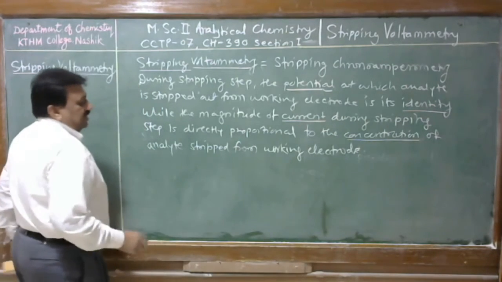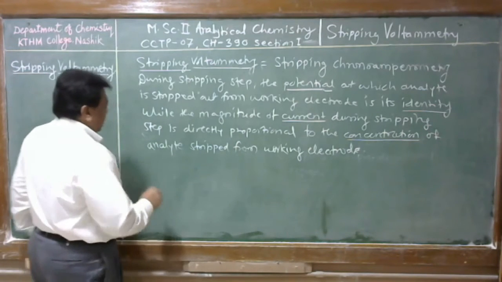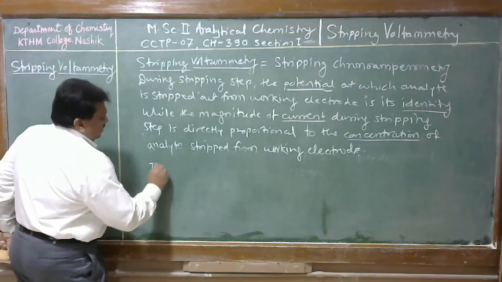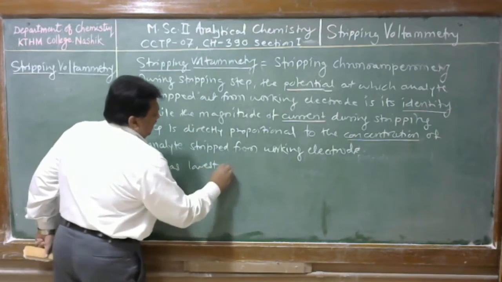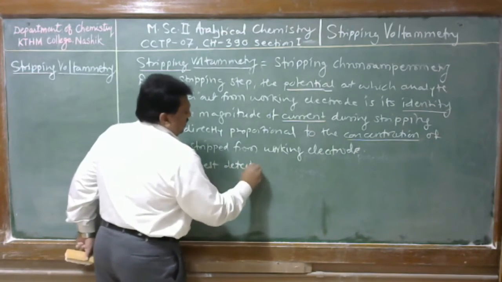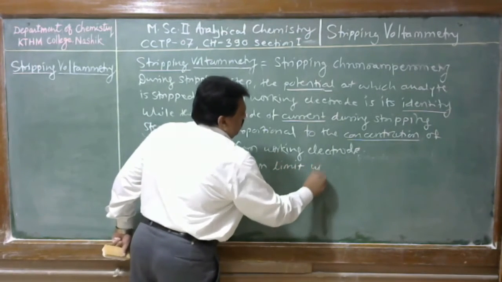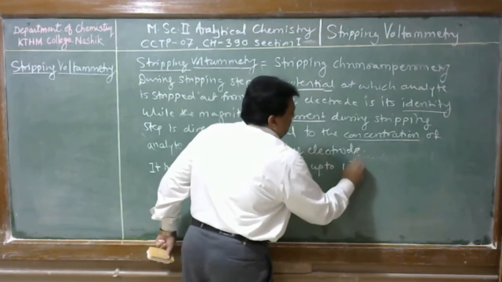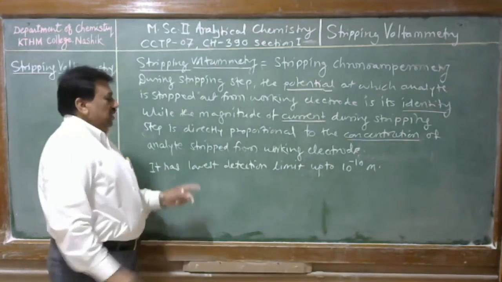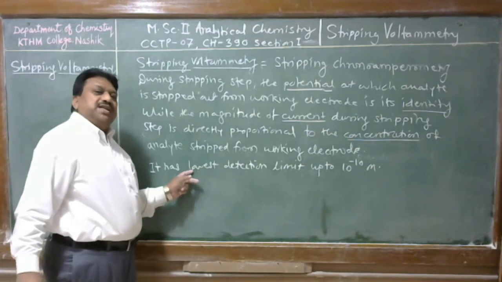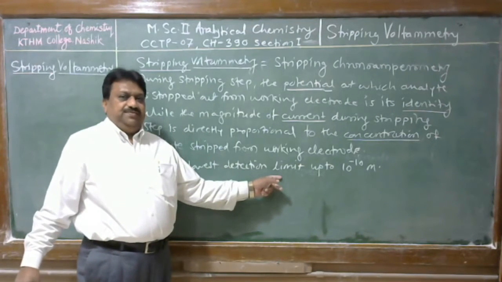Therefore, both qualitative and quantitative analysis is done in stripping voltammetry, and it has a lowest detection limit up to 10⁻¹⁰ moles. Concentrations up to 10⁻⁴ mole can be determined by stripping voltammetry.